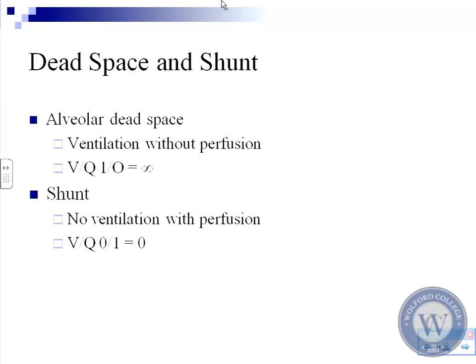If you're looking at dead space and shunt, dead space is an area where you're not getting any perfusion. This is the top of the lung, usually in zone 1. The way you look at it is, you can look at VQ. V is 1, we're still getting effective ventilation, and then Q goes to 0 on the bottom. I don't like this numbering because I don't really understand what that really means. I never multiplied 0 into 1 and made any sense of it.